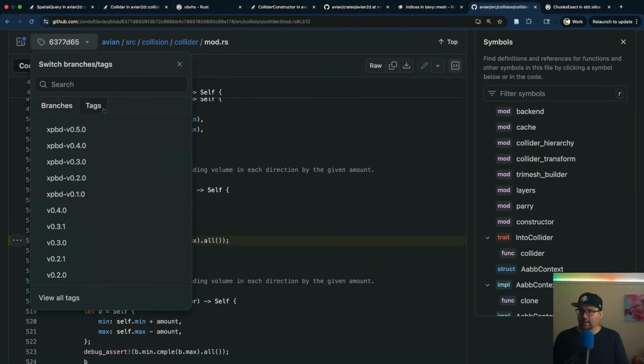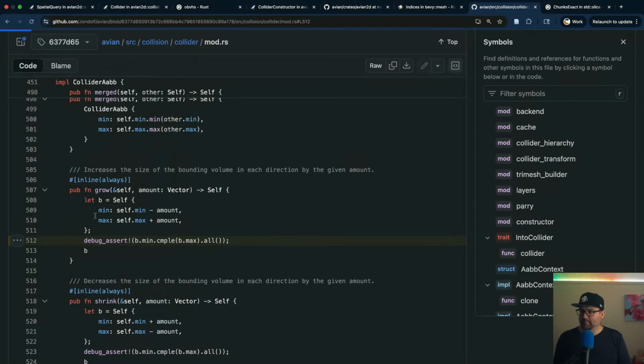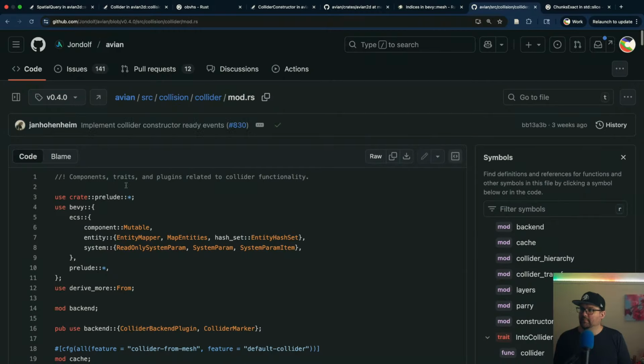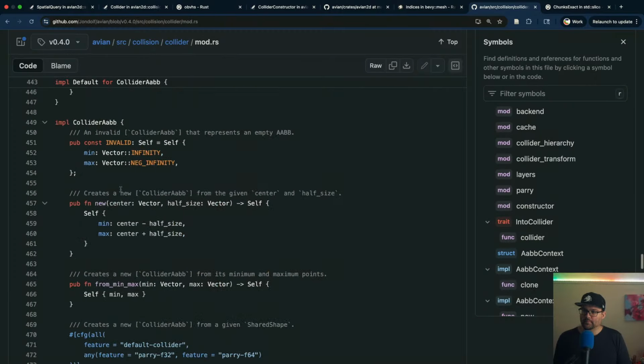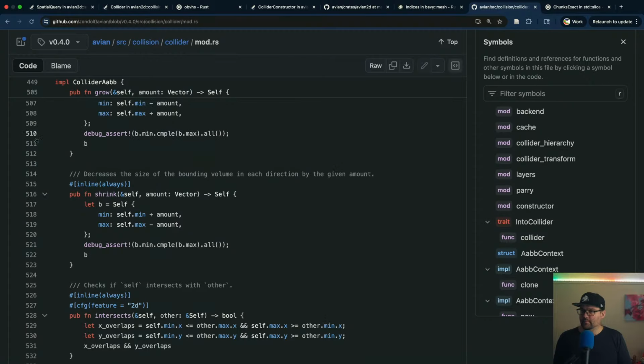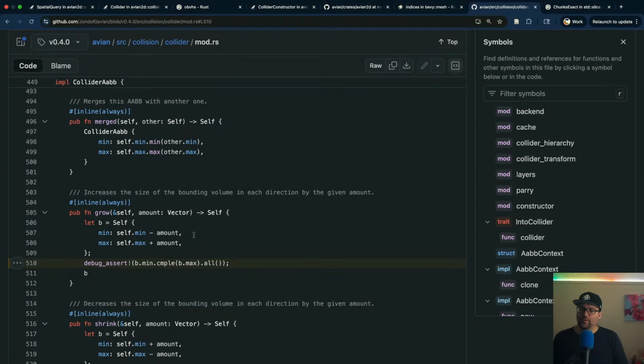Let me get on the release tag. It's important, if you're going to track back and forth between an error message location and the Git repo, that you're using the right branch. So this is the V4 release branch.